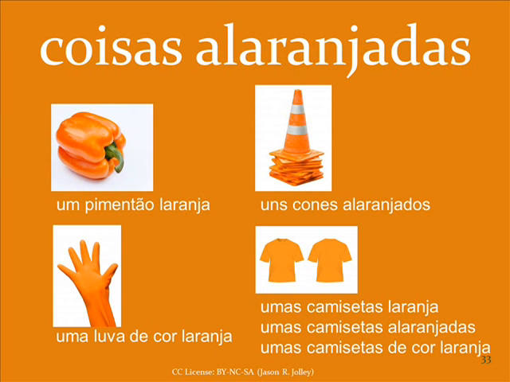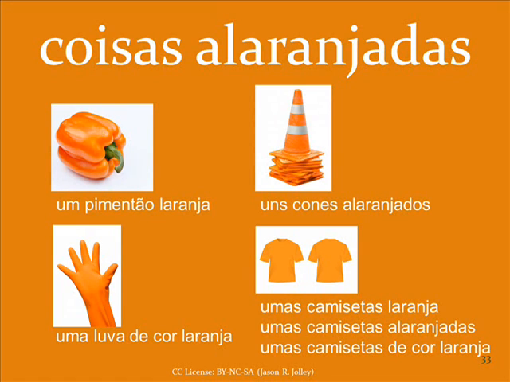Orange things. Coisas laranja ou coisas alaranjadas. And you'll see from this slide that there are a few different ways that you can express the idea of the color orange. Masculine singular, pimentão laranja. Masculine plural, traffic cones. Uns cones alaranjados.